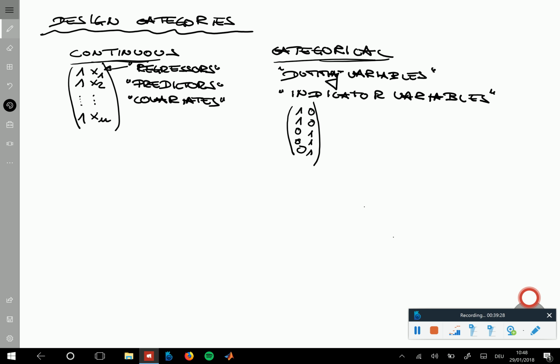The categorical things, just as a preview, will be t-tests and ANOVAs. And the reason why we talk that much about categorical designs is, of course, because you also need to refresh your knowledge about the analysis of variance, so ANOVAs.